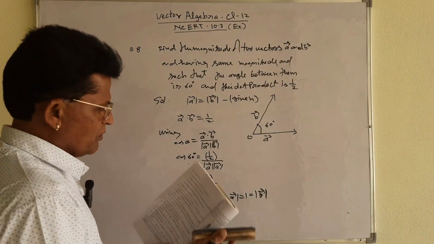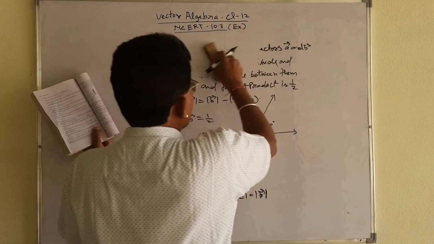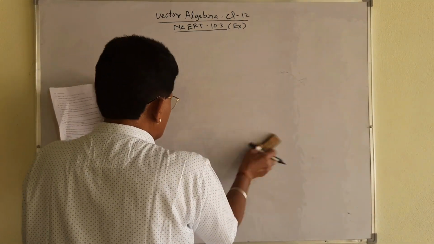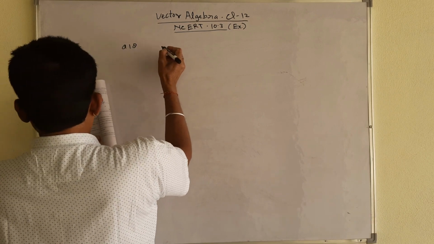Okay. Now let me take one more important question from your NCERT book. This question is generally asked in the examination, my dear student. Let me write that question. Question is the 18th question.